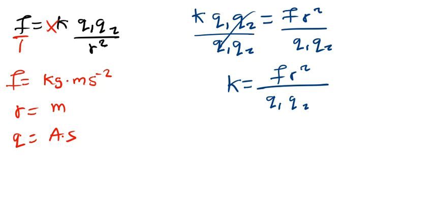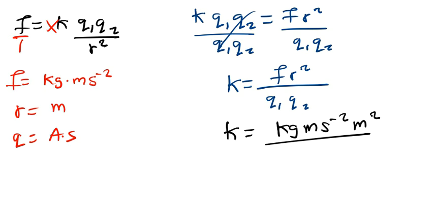Now let's go ahead and replace the basic units. So k will be equal to, what is the basic unit for F? It is kg meter s to the power negative 2. What of r? r is meters, but it is squared, so I need to say m squared.